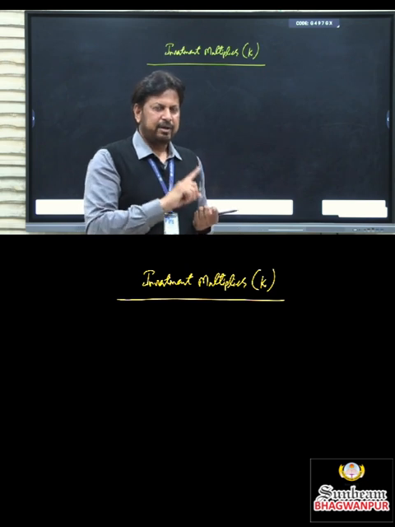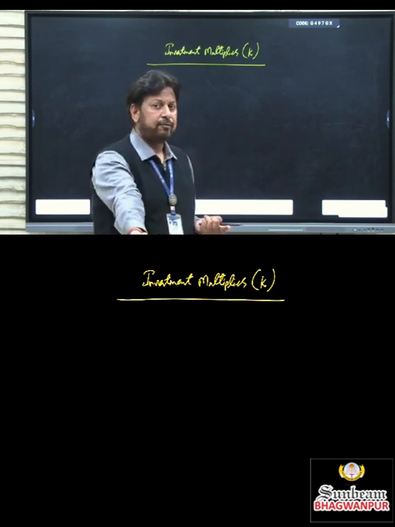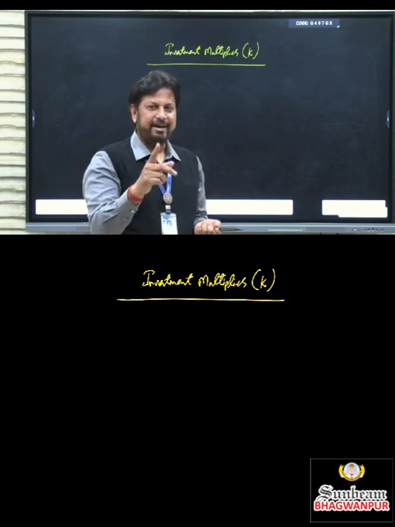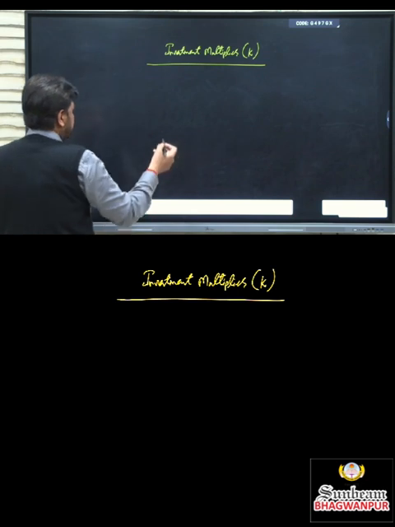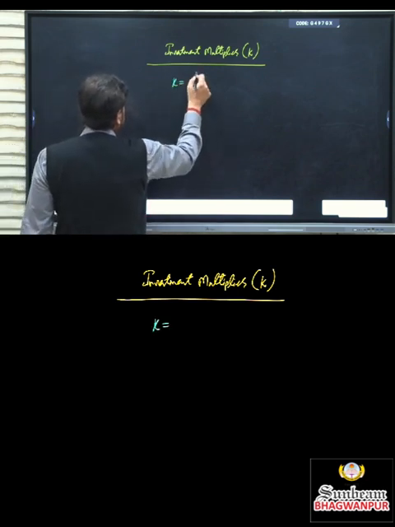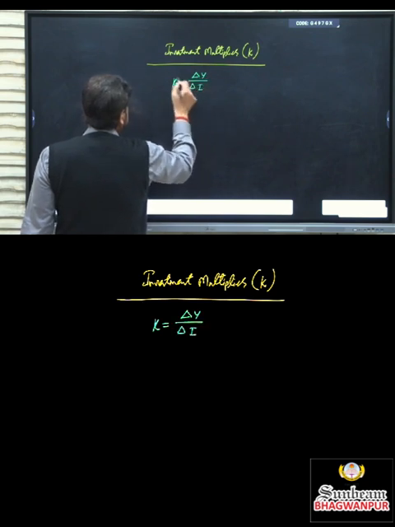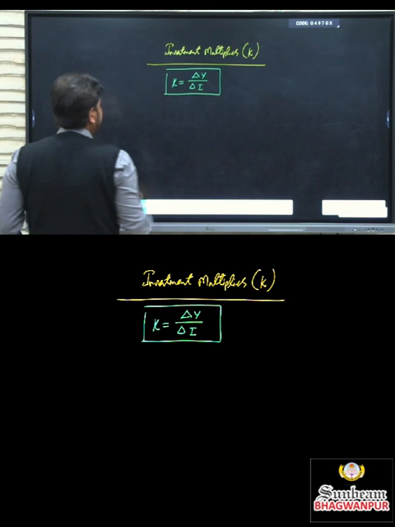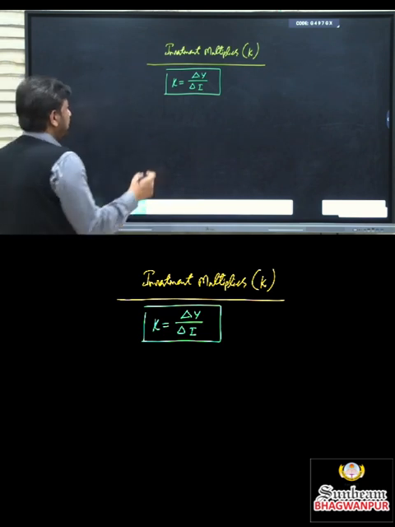It means that investment has a multiplier effect on income. Income is rising 4 times the rise in investment. This is investment multiplier. So investment multiplier is the ratio between change in income and change in investment. K is equal to delta Y upon delta I.